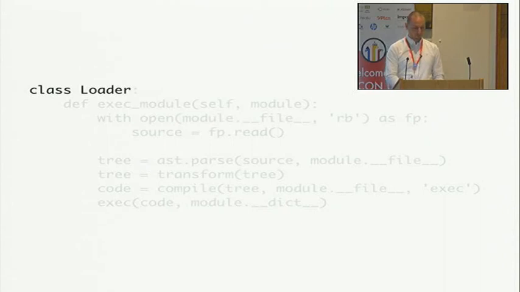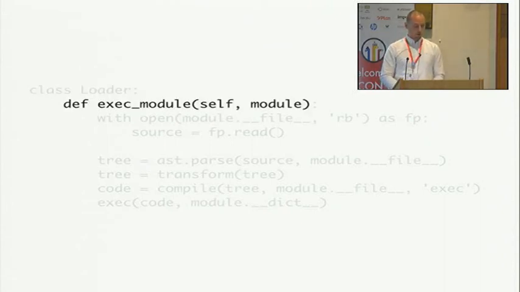So class loader, our function exec module. Here, the module parameter is no longer a string with name. It's an actual module instance with all of the attributes from module spec we return in Finder copied into this module instance.